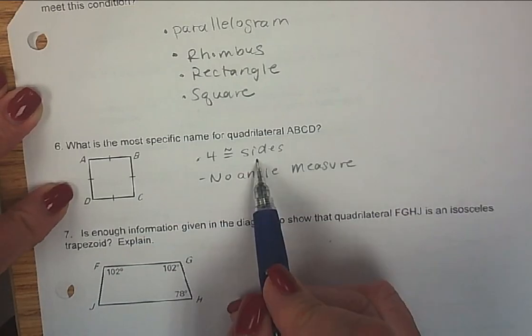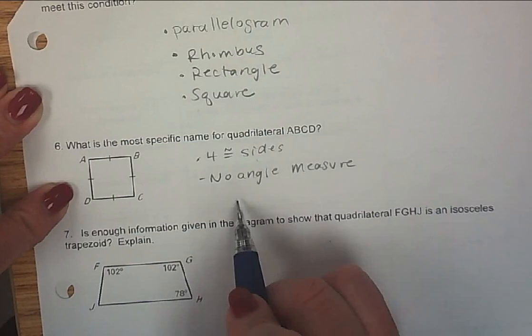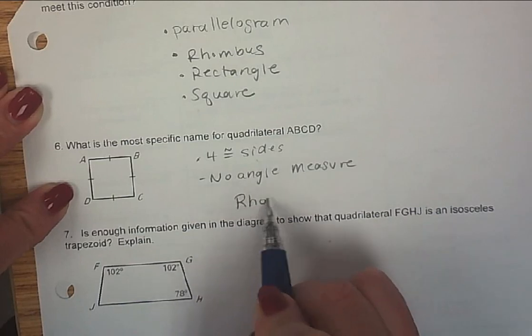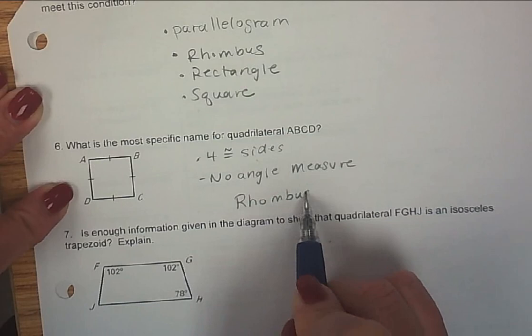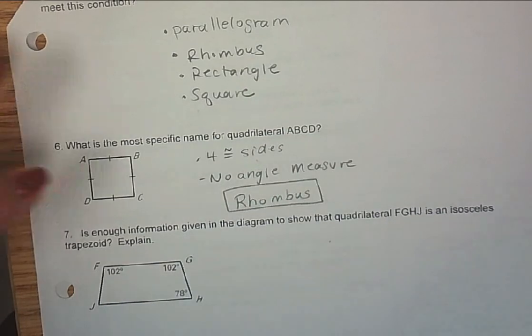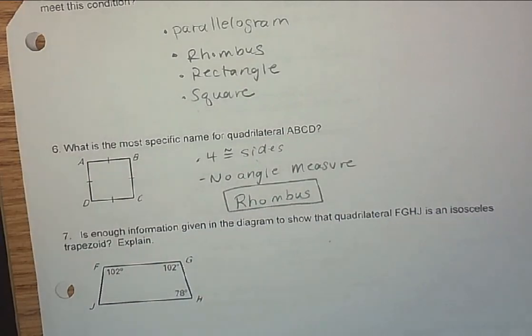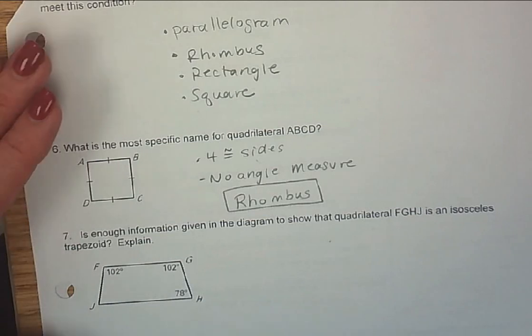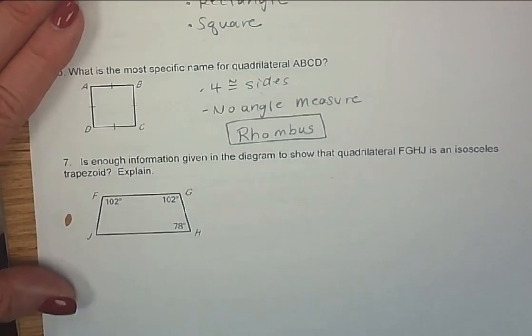And last but not least, is the information in the diagram enough to show that this quadrilateral is an isosceles trapezoid? Well, the first thing I need to figure out is the measure of angle J. So the measure of angle J is going to be 180 minus 102. Why?